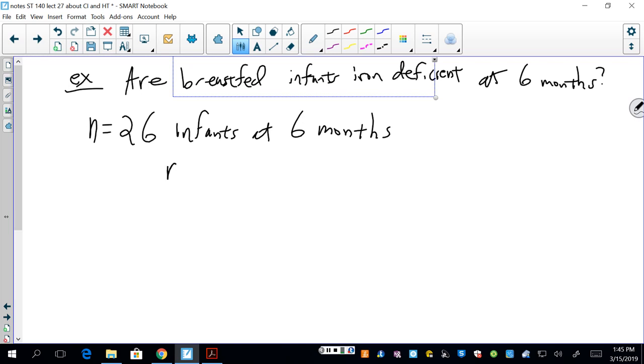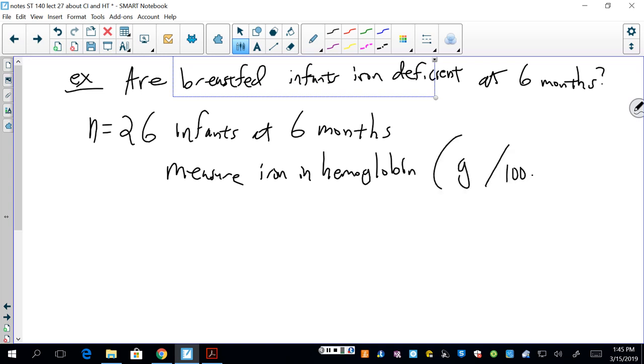And we measure for them iron in hemoglobin. And this was measured in grams per 100 milliliters of blood. And the standard deviation is 3 grams per 100 milliliters. And the average is 12.9.